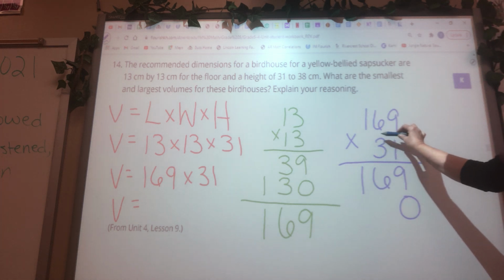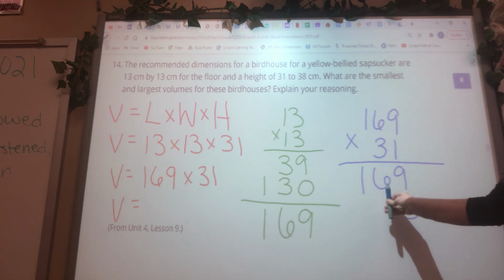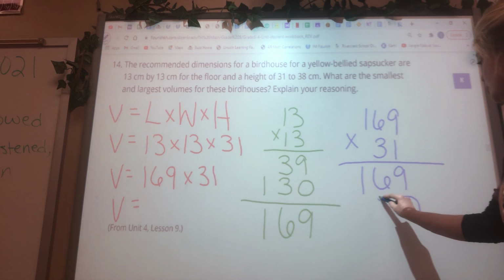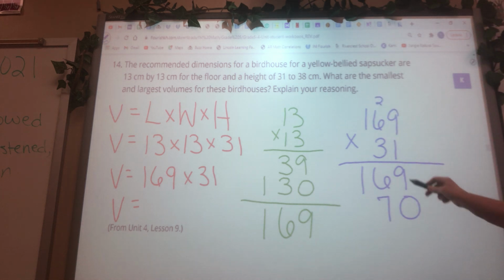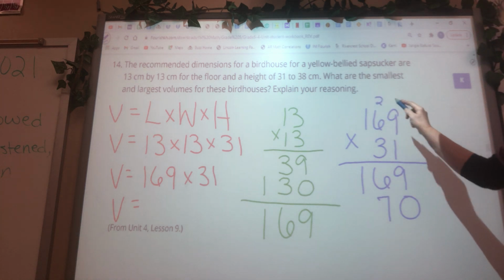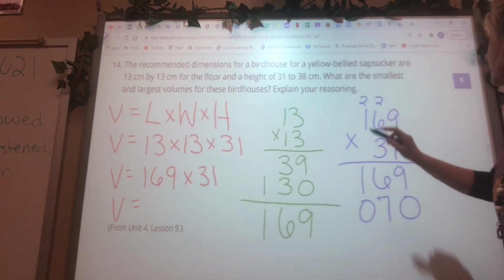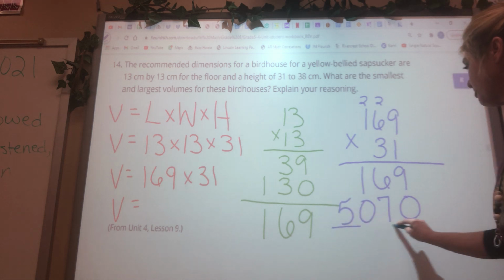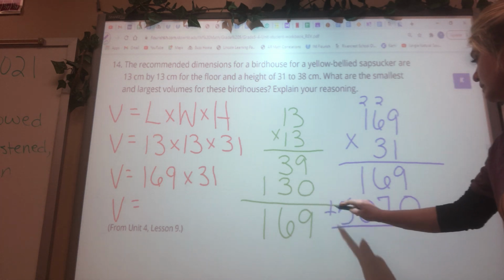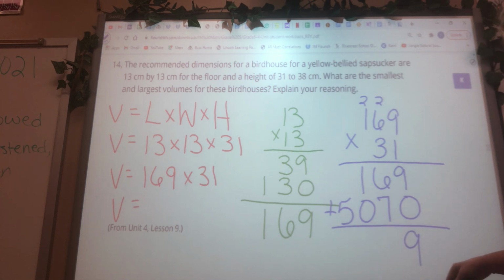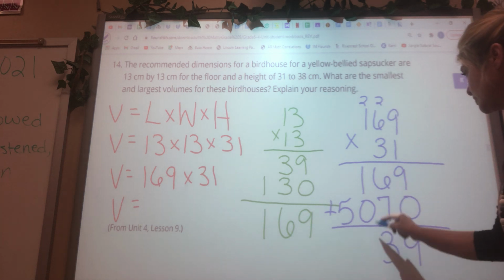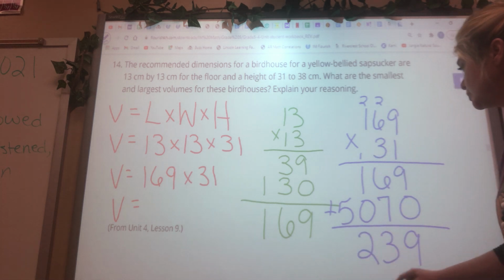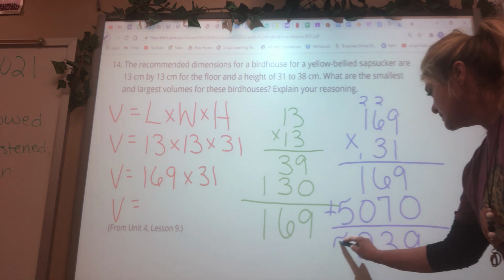Placeholder 0, working with that second number in the tens place, so we need to start our actual math under the tens place. 3 times 9 is 27, carry your 2. 3 times 6 is 18, plus 2 is 20. 3 times 1 is 3, plus 2 is 5. And then we add together. 9 plus 0 is 9. 6 plus 7 is 13, carry the 1. 1 plus 1 is 2. And nothing plus 5 is 5.